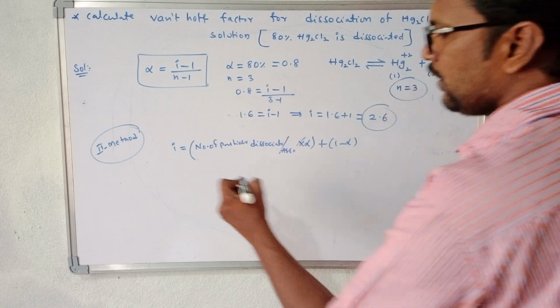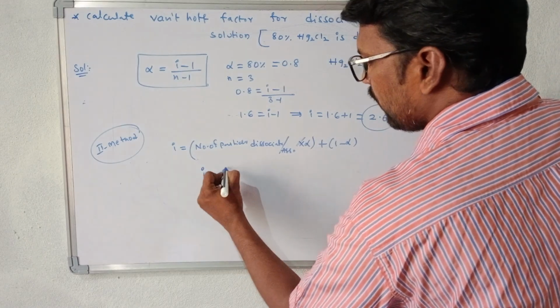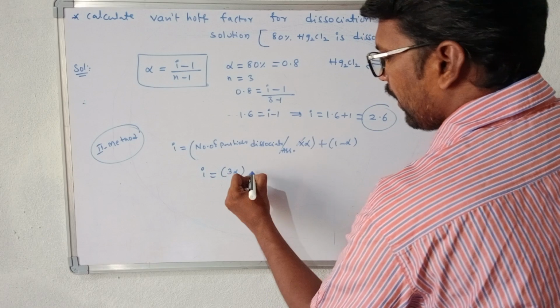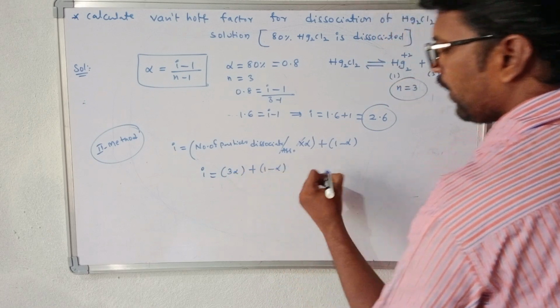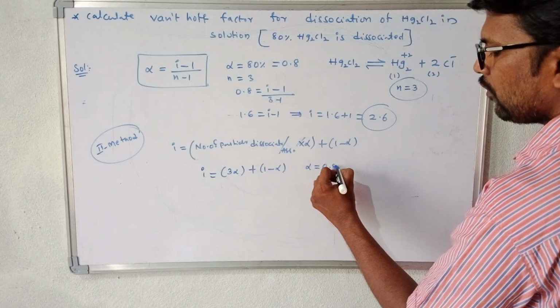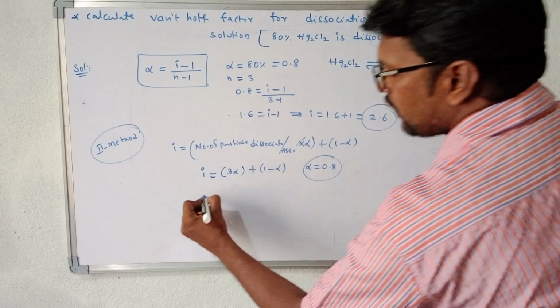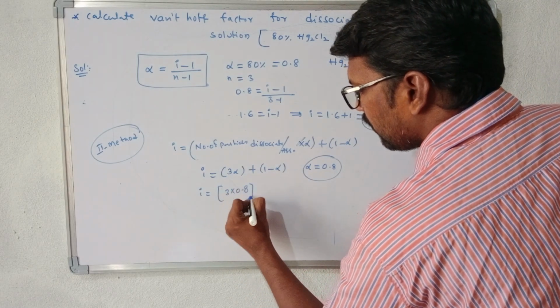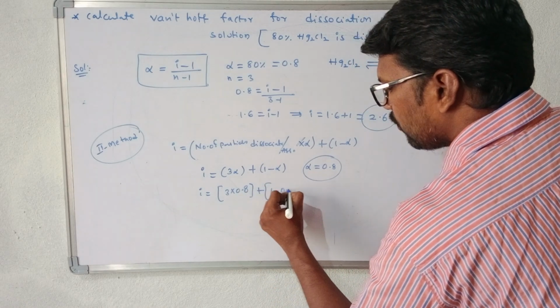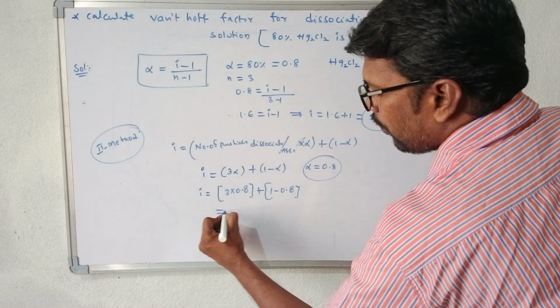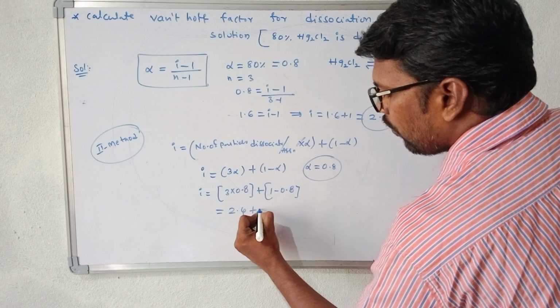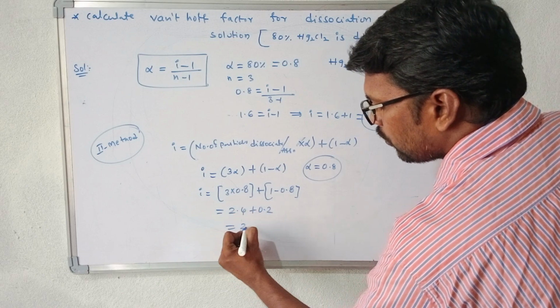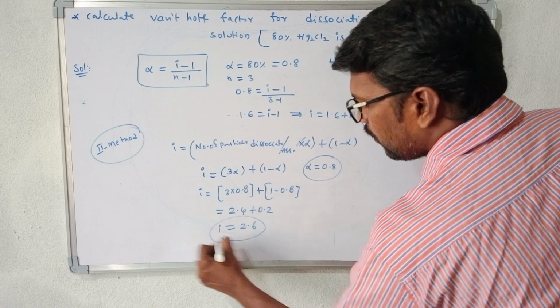How many particles is it? 3 particles. So i is equal to 3 alpha plus 1 minus alpha. The alpha value is 0.8, so we substitute in this. So i is equal to 3 into 0.8 plus 1 minus 0.8. 3 into 0.8 means 2.4, 1 minus 0.8 is 0.2, so it is 2.6. i is equal to 2.6.